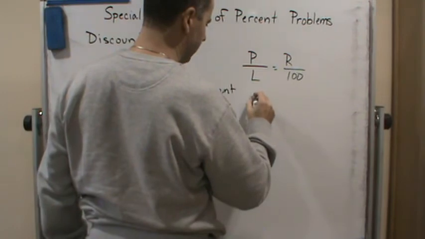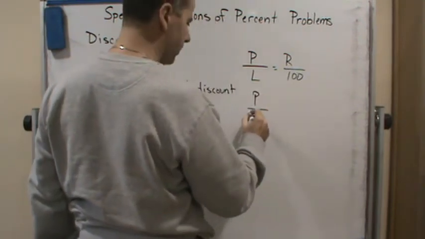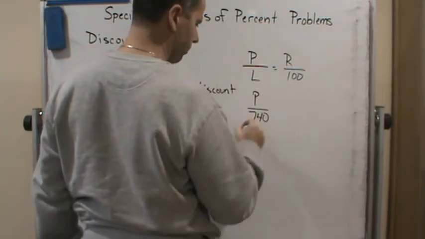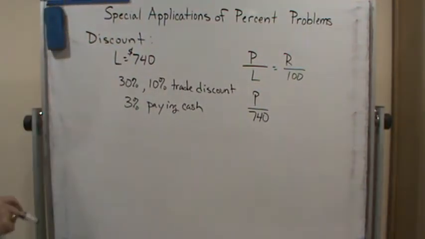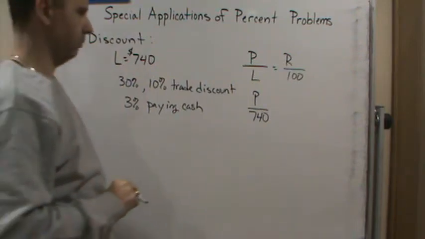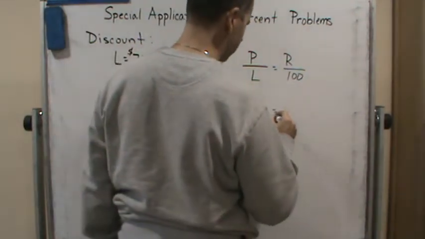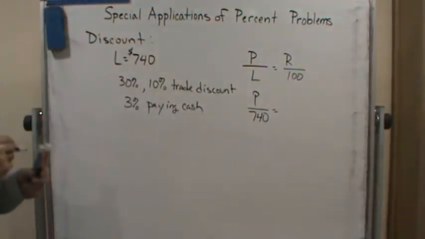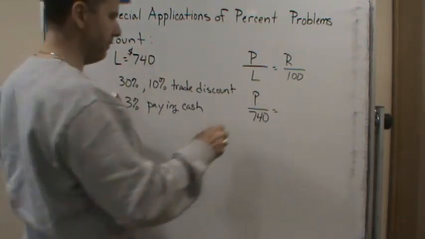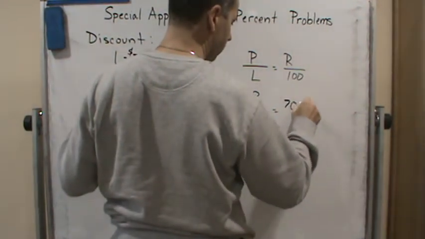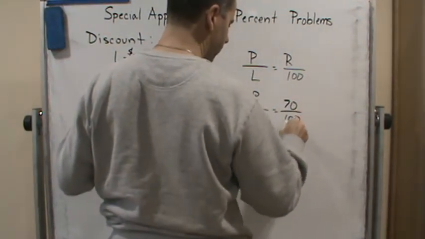So this is going to be P over, and I'm starting with 740, and that equals 70 over 100.